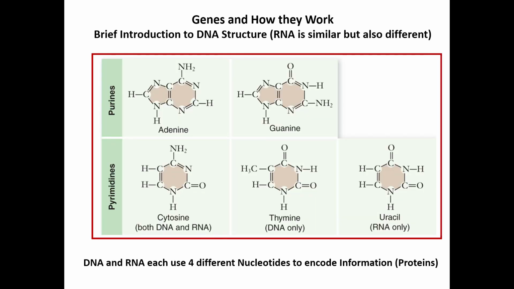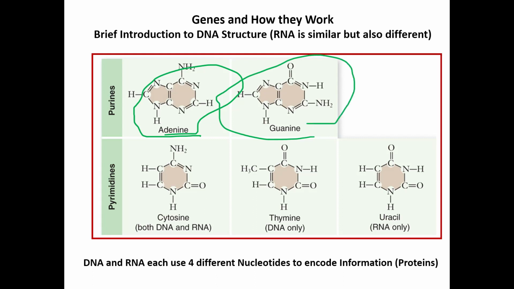nucleotides. So here we have a type of nucleotide known as adenine, where this group is attached to the pentose. Then we have guanine, where a slightly different base is attached to the nucleotide backbone.